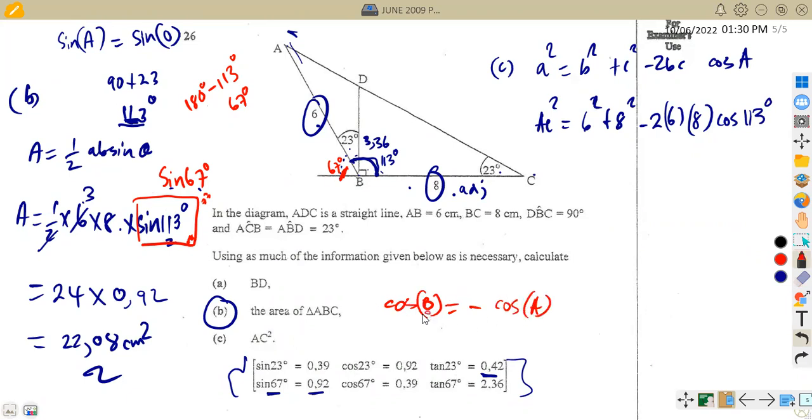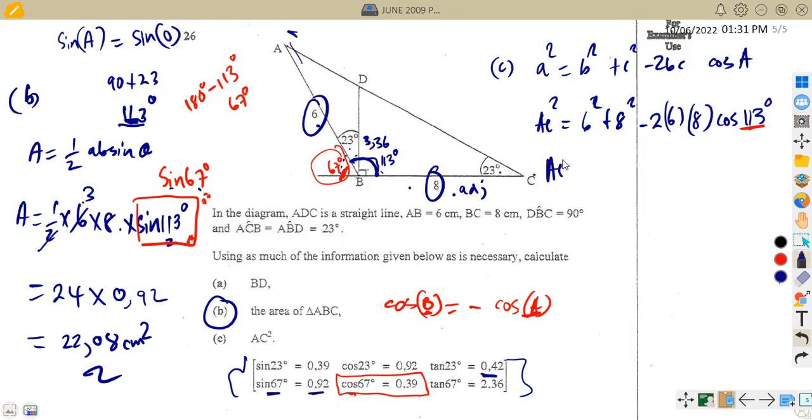So here, the obtuse angle is 113. The acute angle is 67, which is the one that we have here. So we are going to take the value of cos 67, but this time we multiply by a negative. For cos and for tan, they carry negative. It's only sine which maintains its positive. So what does it mean?